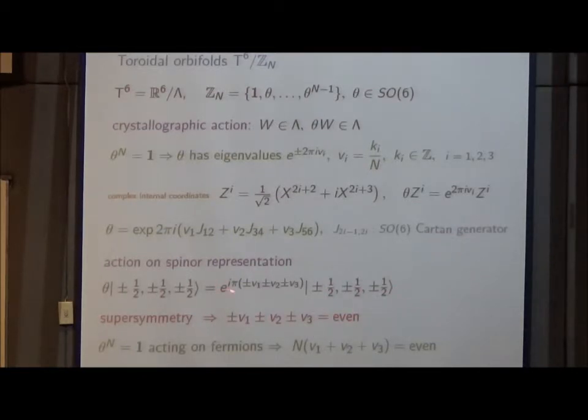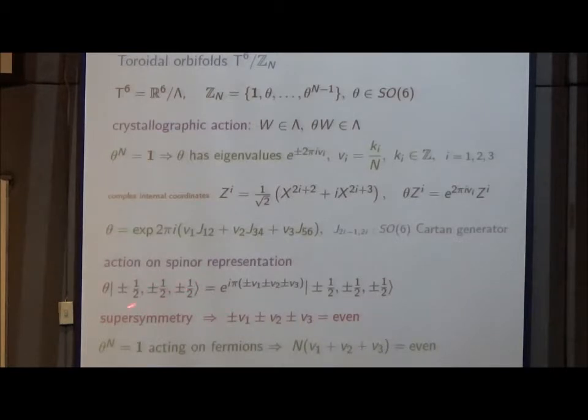And why do I want the action of theta on the spinor? Because I want to look for the conditions of supersymmetry. I want to have some supersymmetry, not too many, but also not zero.